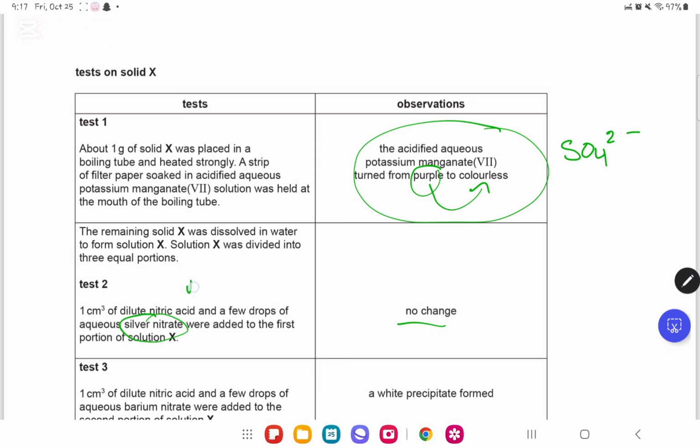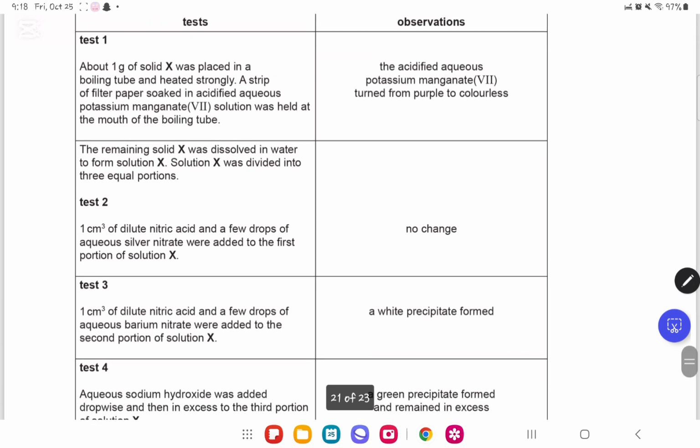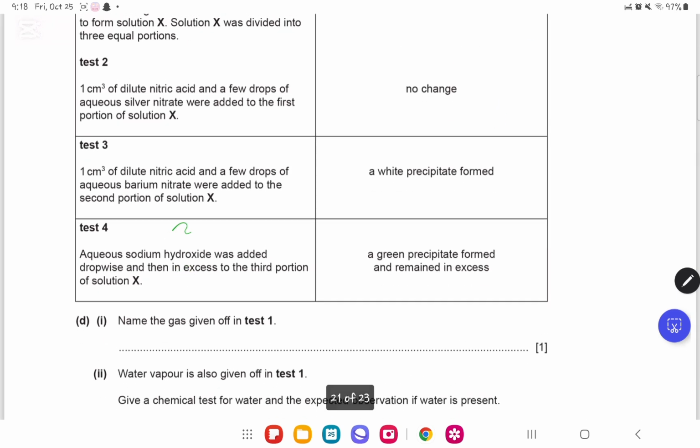Since they added AgNO3 and there's no change, definitely there is no Br minus, no I minus, no Cl minus ions. Now for test 3, there was a white precipitate formed after adding barium nitrate. So this further proves that we have sulfate ions, okay. Then there is a green precipitate after adding NaOH.